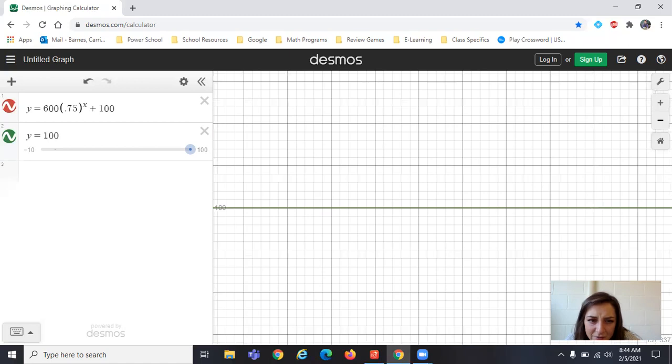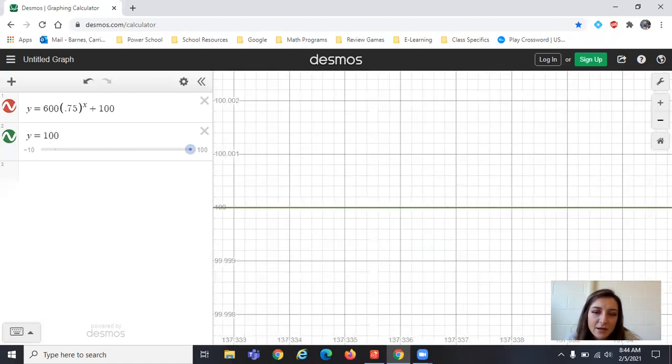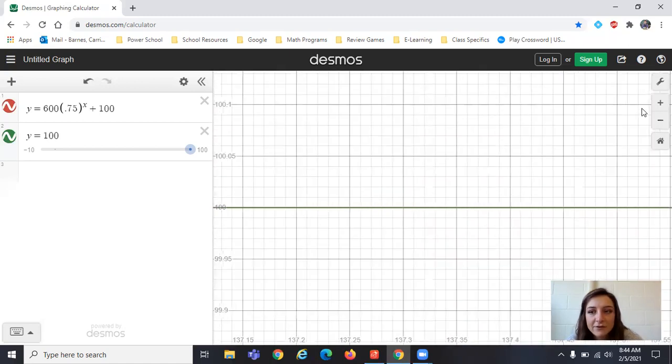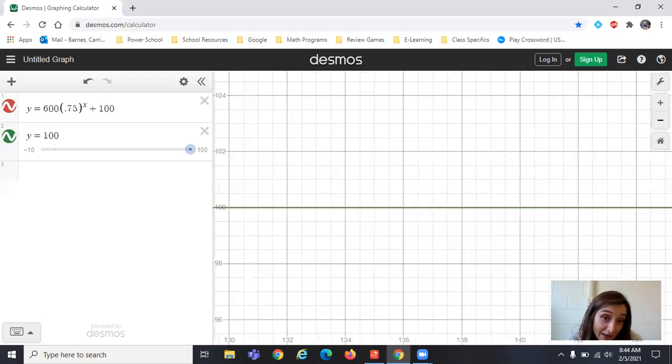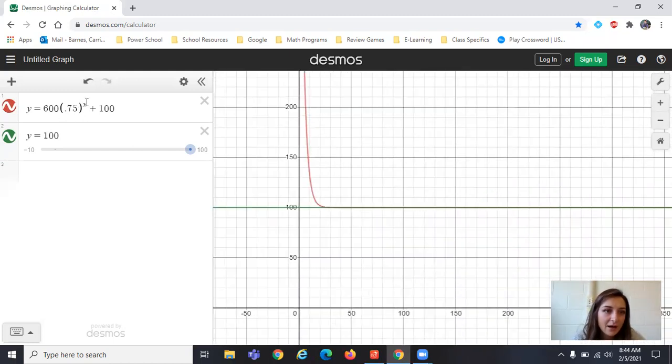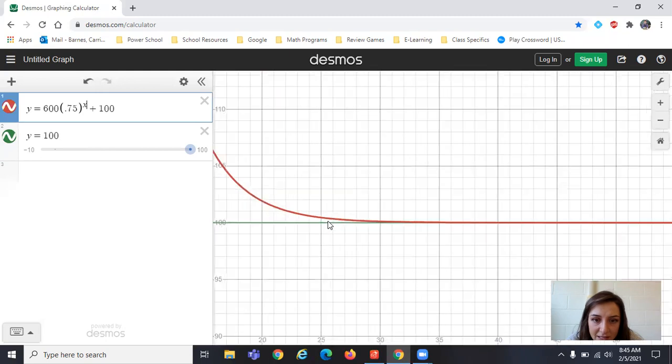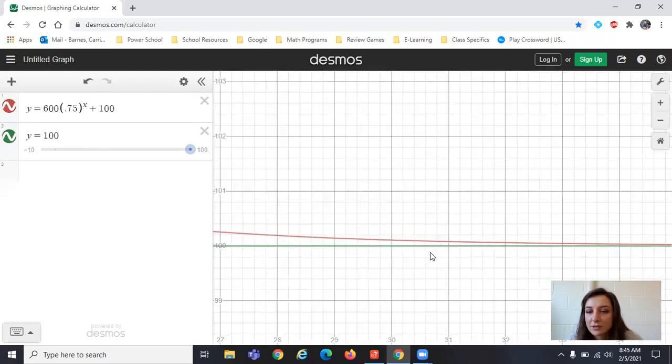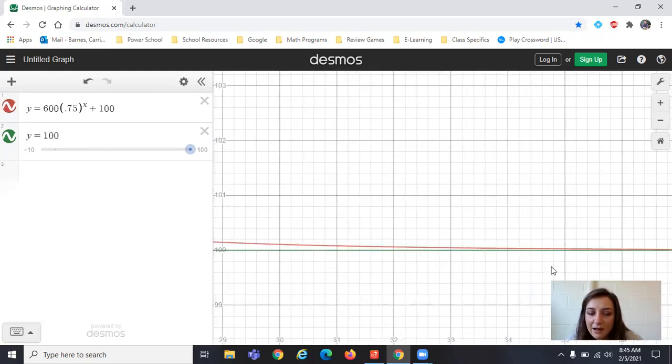So this is sort of an unfortunate example, but that's okay. Just trust me that it is never touching that 100. That is an asymptote. So if you type in 100, well, it's a y value, so you can't really tell. But it is getting really, really close to 100, but it's just never touching it. So you can kind of see that happening here.